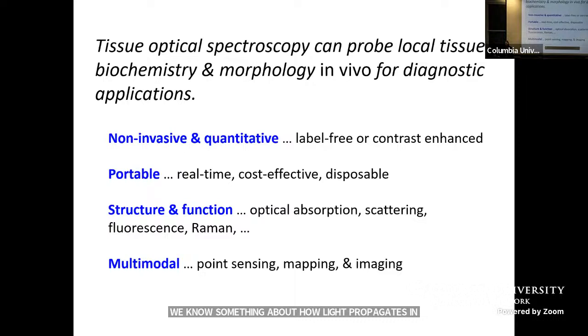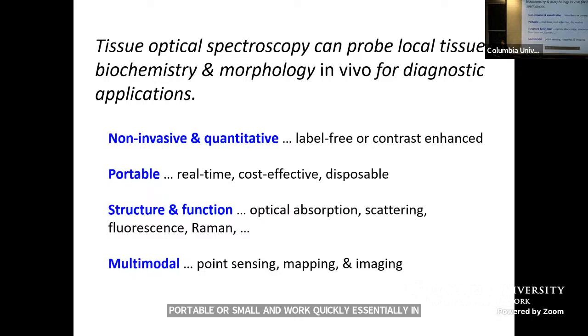We can develop mathematical models, which I'll show you later, where we can extract quantitative information. The two examples I just showed you are label-free sensing, so only light is being shone onto tissue, but you can also use contrast agents, such as fluorescent dyes, to enhance contrast for different applications. The technologies can be portable or fairly small. They can work very quickly, essentially in real time, and be cost effective. The smallest technologies can even be disposable.